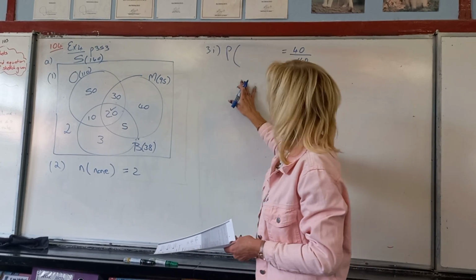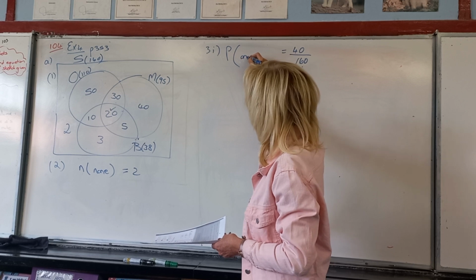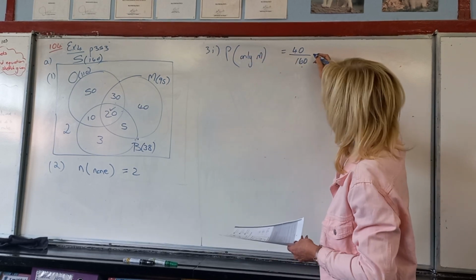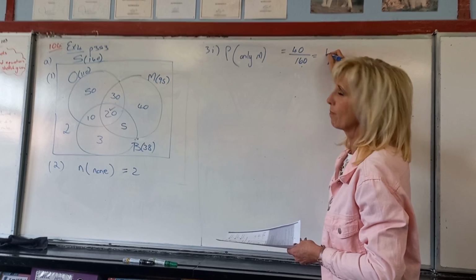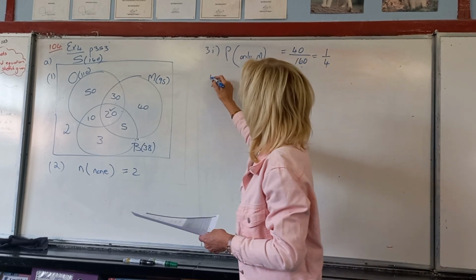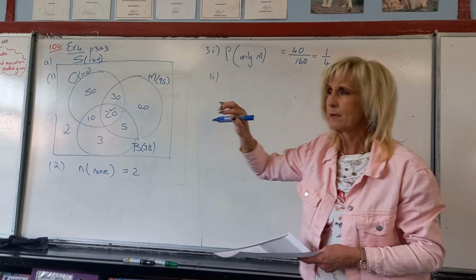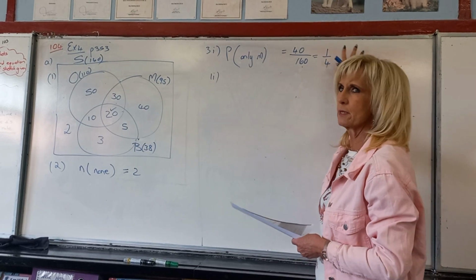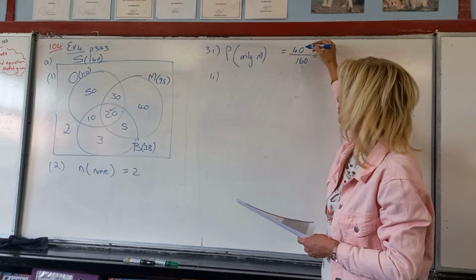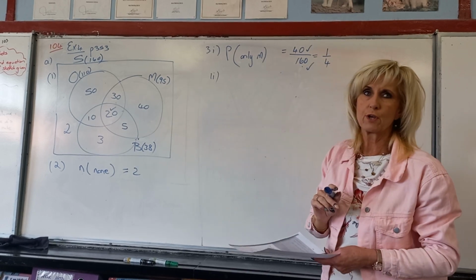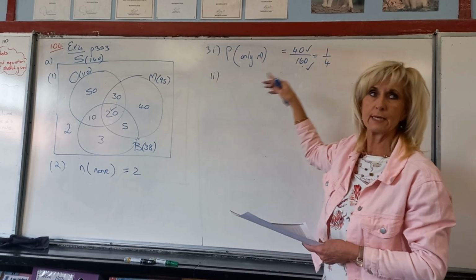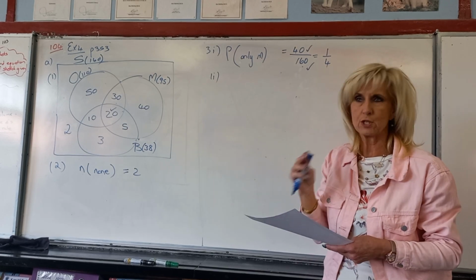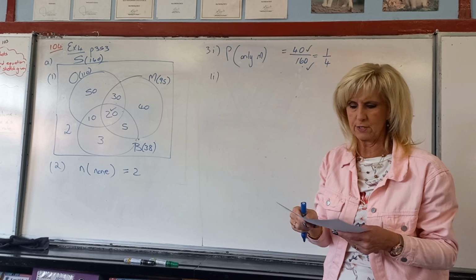So the probability of using only a microwave would be 40 over 160 in the simplest form. 1 over 4. Okay. The trick in exam, if you only wrote that, you would get full marks. Nothing there, not simplified, you still get your full marks. And usually the marks go like that. Knowing this probability and it's out of 160. Simplification is just what we do because we're good mathematicians.